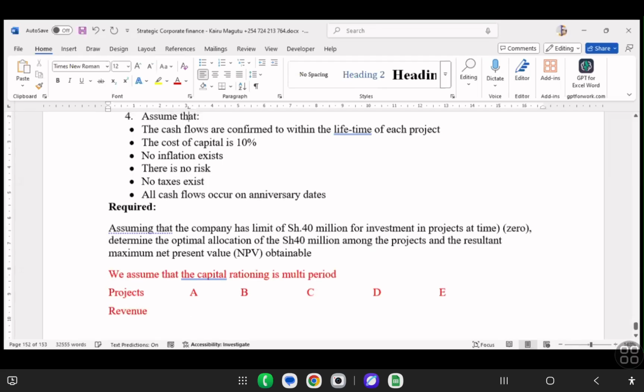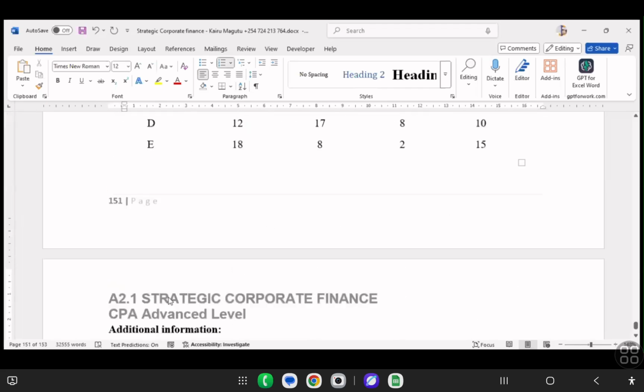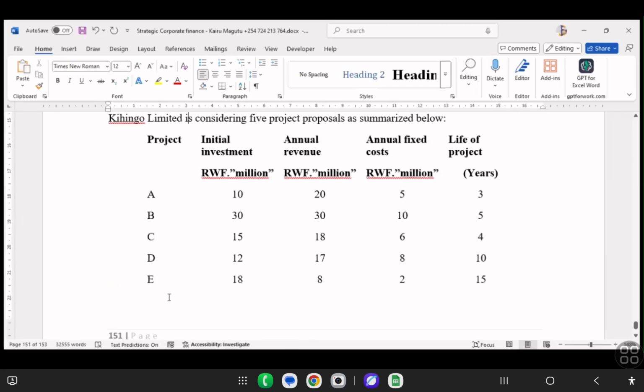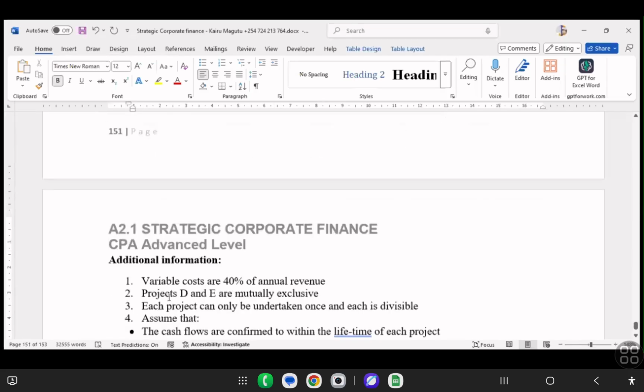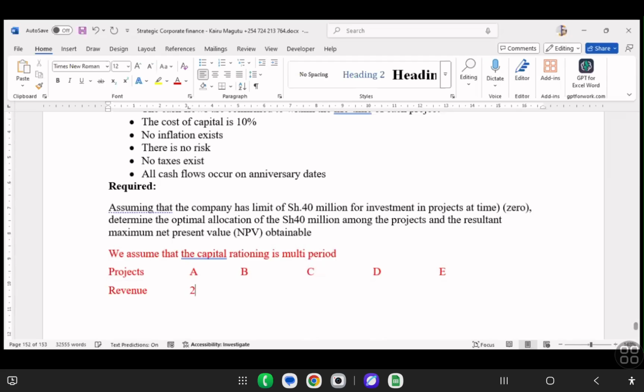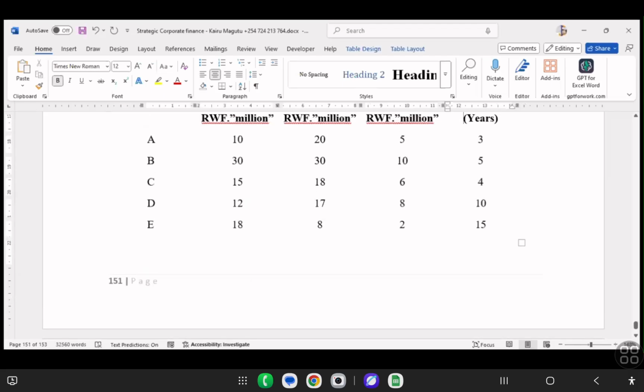For project A, the annual revenue we are given is 20, 30, 18, 17, and the other one is 8. So 20, 30, 18, 17, 8. Good.